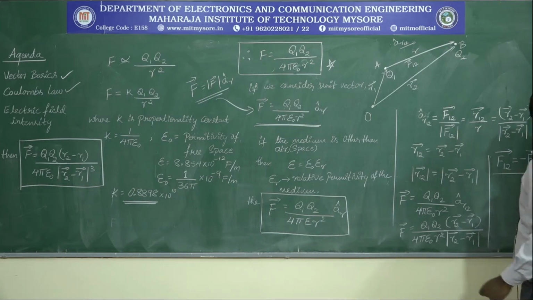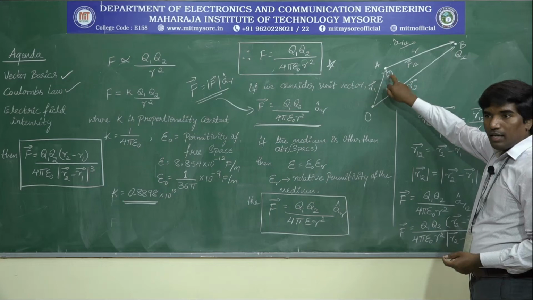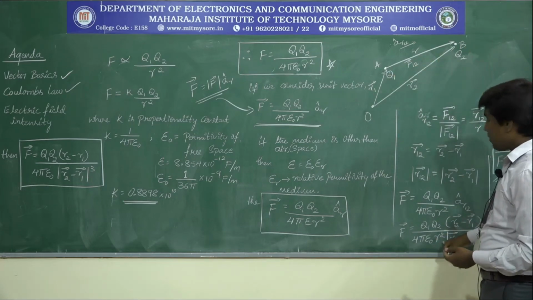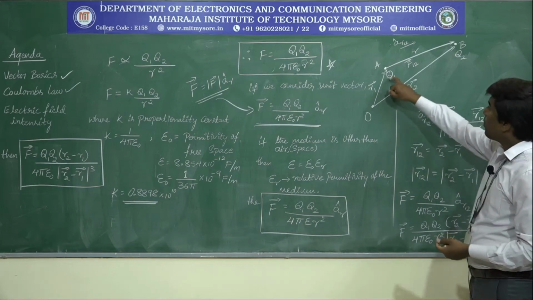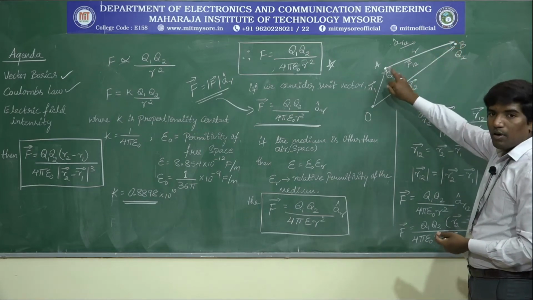This is the equation for the force acting on the charge at point A due to the charge at point B. This equation holds good for the force acting on point B due to the charge at point A.